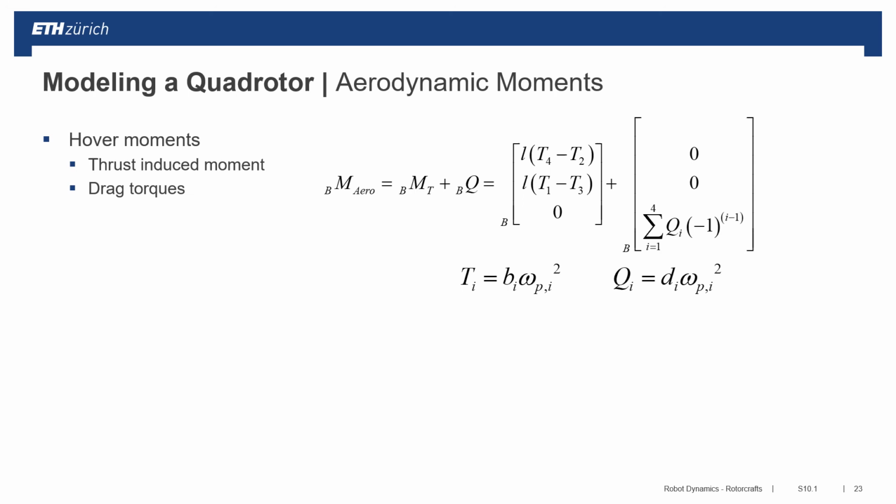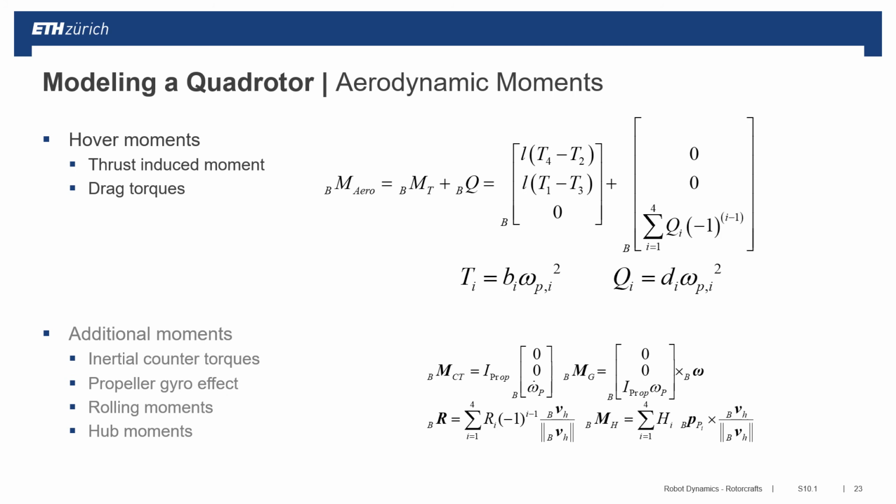Again, the thrust force and the drag torque are proportional to the square of the rotational speed of the individual rotors. In principle, we have a couple of additional moments we might have to consider. These are the inertial counter torque, the propeller's gyroscopic effect, rolling moments, and hub moments. However, in the hover case, for small angles, we can neglect these elements.